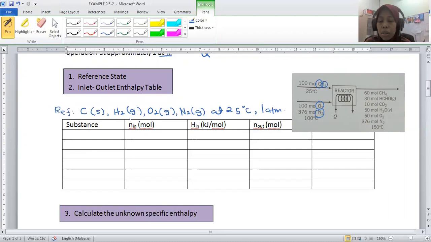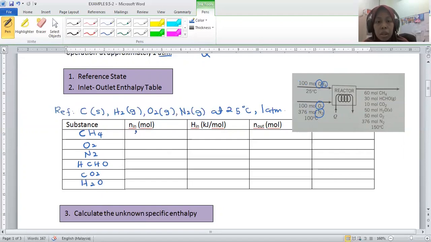Once we solve the reference state, we move forward to the inlet and outlet enthalpy table. I just copy all the substances available in the process flow: CH4, oxygen, nitrogen, and then formaldehyde, CO2, and water. The moles of inlet and outlet are also given, so just translate them into the table.